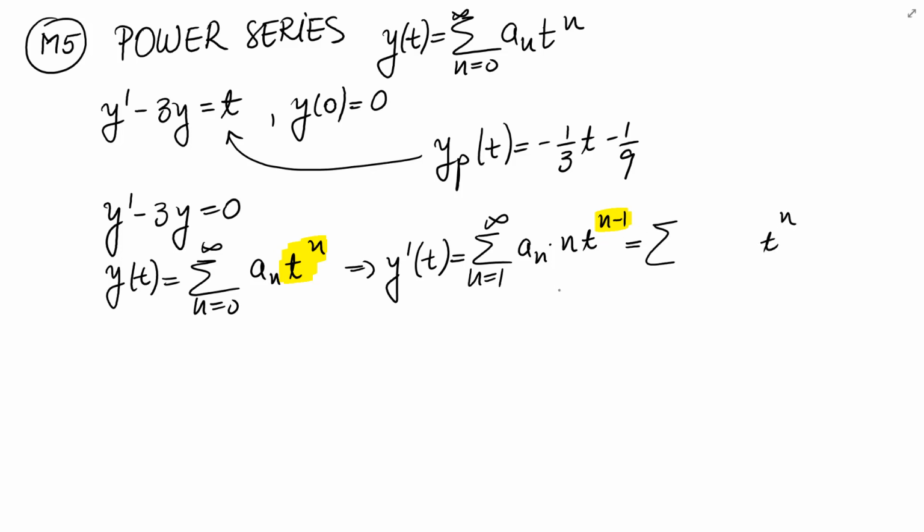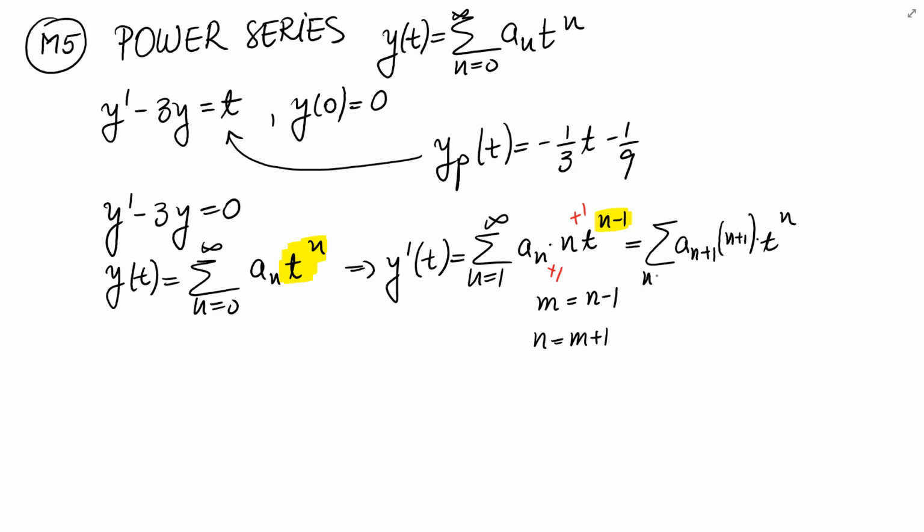So if you think about it this way, if I rewrite m as n minus 1, then n is going to be m plus 1, right? So I'm actually adding a 1 to all the n terms that I have here. So it's going to be a sub n plus 1 times n plus 1 times t to the n.